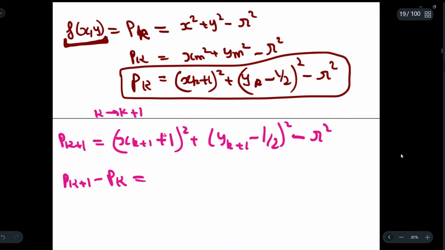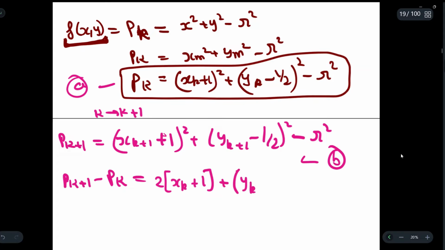That is, we will subtract equation a by equation b. On doing so, you will get the value as 2 into xk plus 1 plus yk plus 1 square minus yk square minus yk plus 1 minus yk, sorry, square won't come over here, we will write yk plus 1 minus yk.